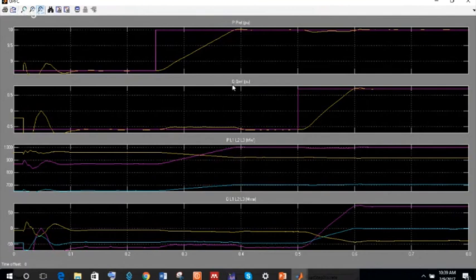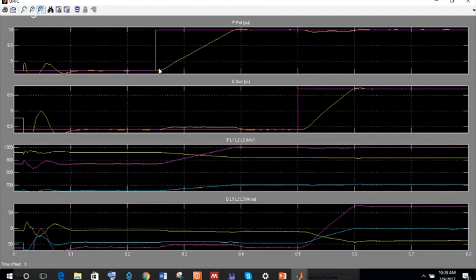Also for reactive power, here it is reactive power measured and reference. So at 0.5, it has changed from negative 0.65 to positive 0.5. So this much time was taken by the UPFC. These are the real, active power shown by every line, and reactive power shown by the line.